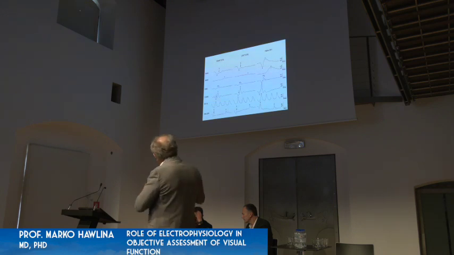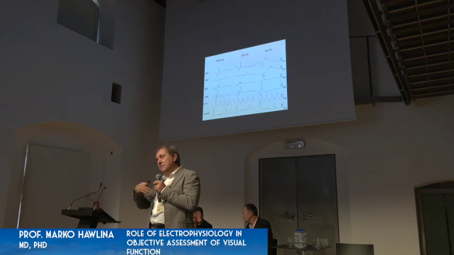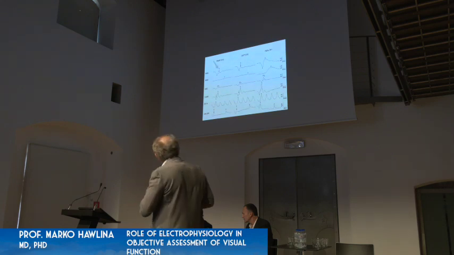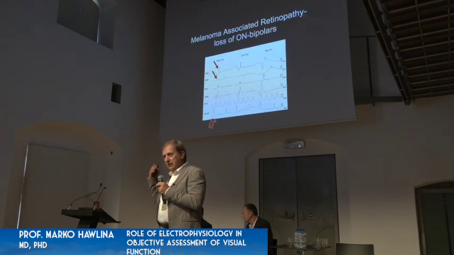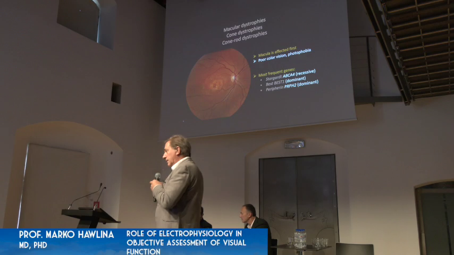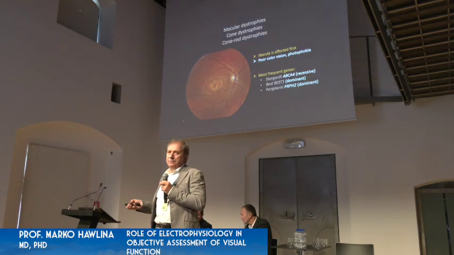That's a typical picture which you see in congenital stationary night blindness in children, but if it's acquired, the only diagnosis is melanoma associated retinopathy. And this gentleman actually had a skin melanoma that started to develop and cause this retinopathy, which was purely functional.